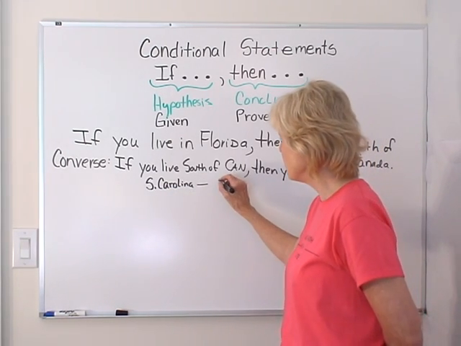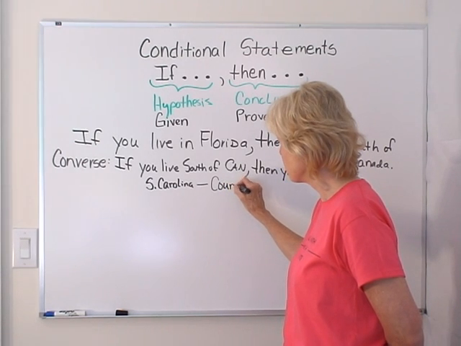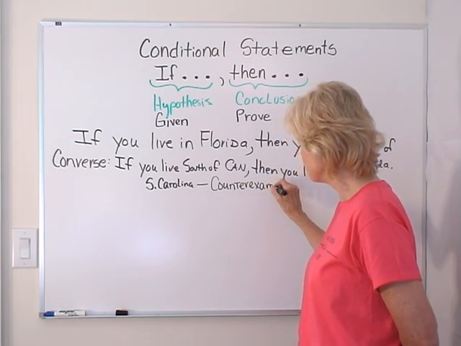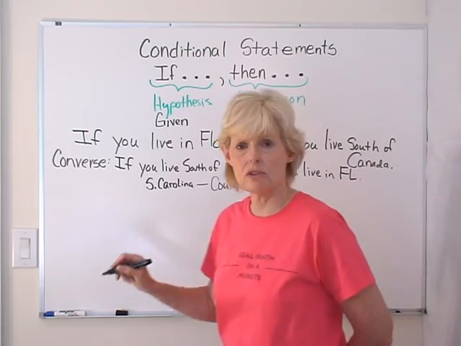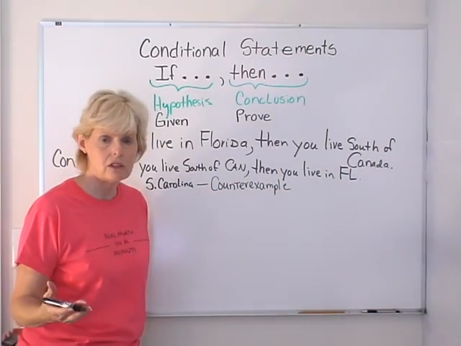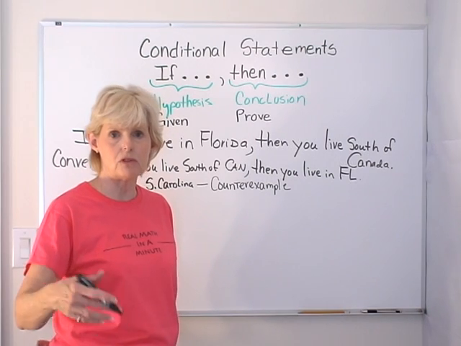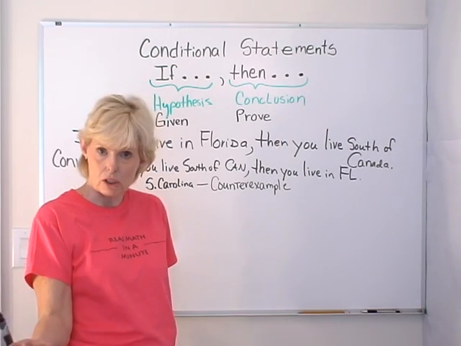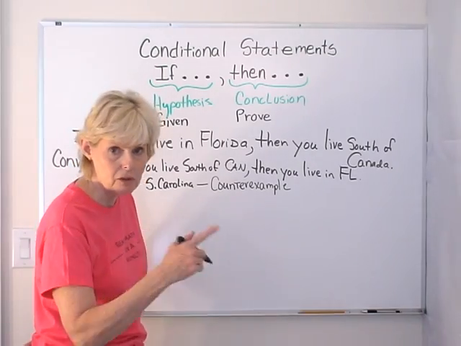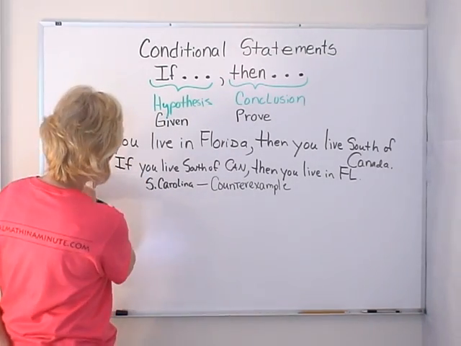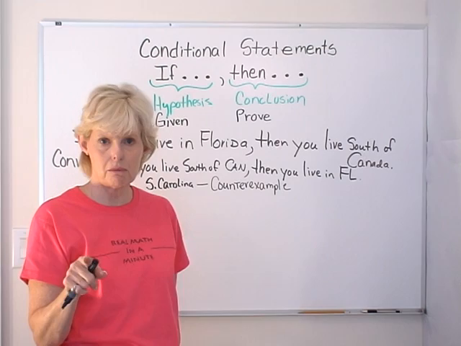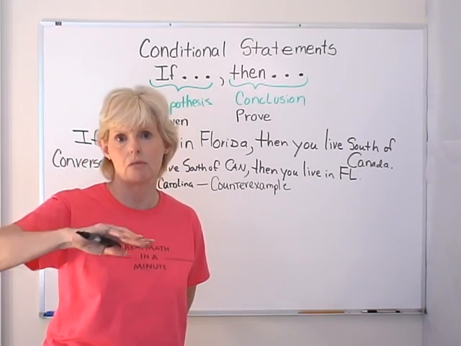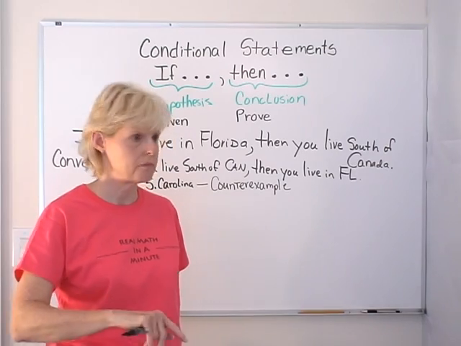So we call that a counterexample. And a counterexample is just a statement that proves another statement to be wrong. That's all it is. It just proves something to be wrong. Okay? So what we've proven here really is that if we have a converse, it might not be true. It might be true, but it might not be true.